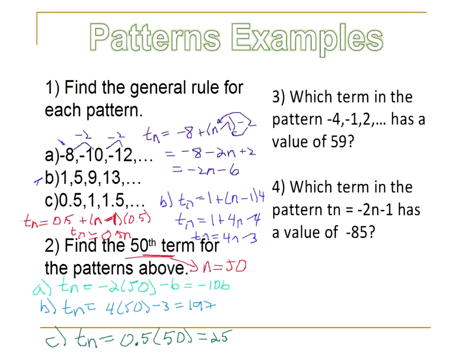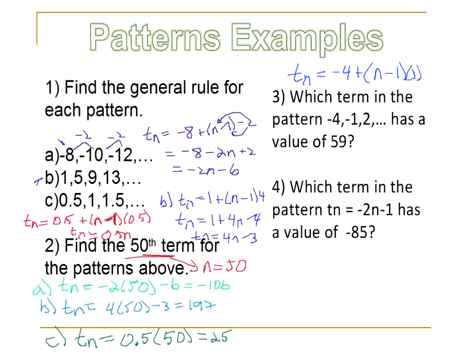Question 3 asks, which term has a value of 59? And so I'm going to find the equation. I see that the common difference here is 3, and so the equation is Tn equals -4 plus n minus 1 times 3.